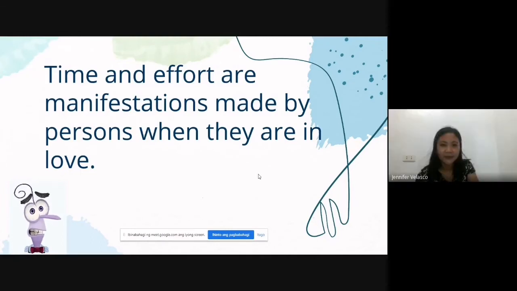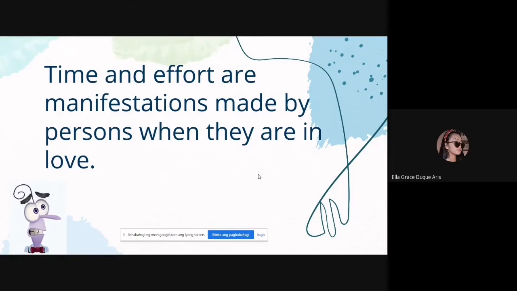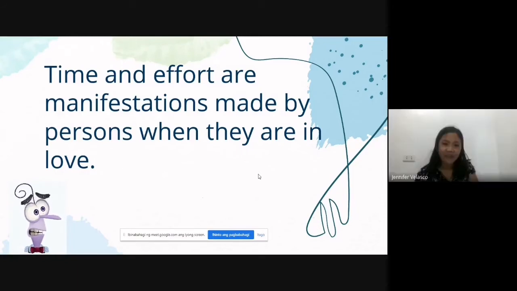Ma'am, the subjects are time and effort. Very good. Take note that we have and because there are two subjects. In Tagalog, ang oras at pagod. Dalawa ang pinag-uusapan. The subjects are time and effort, compound subjects. So when we have compound subjects, it's plural. That's why we will also have a plural verb.